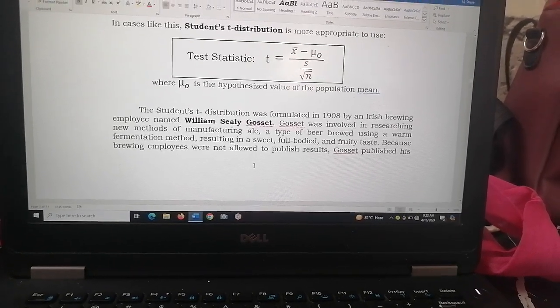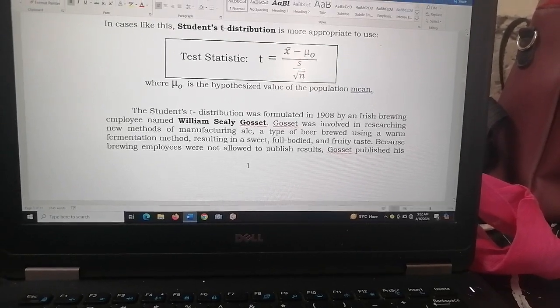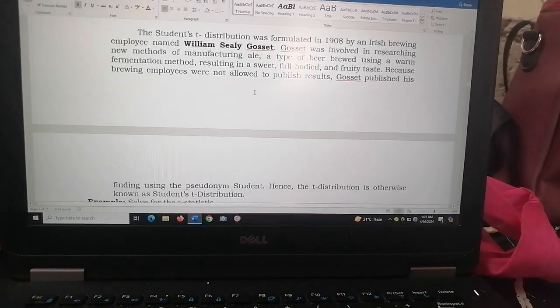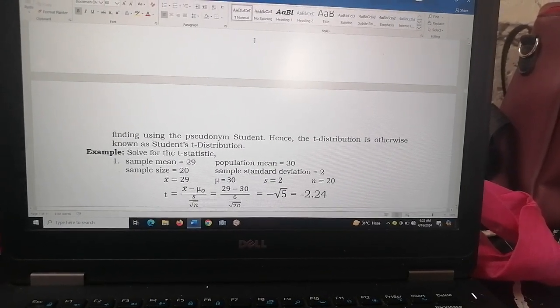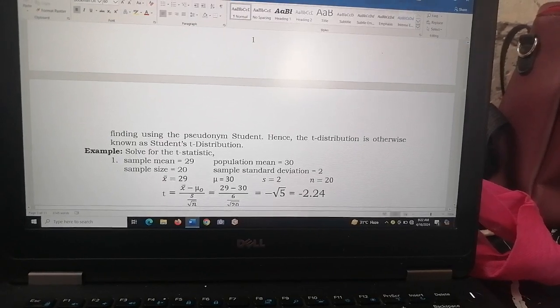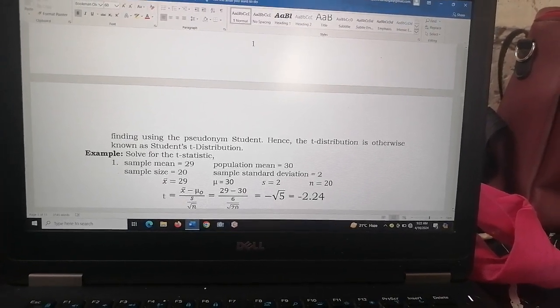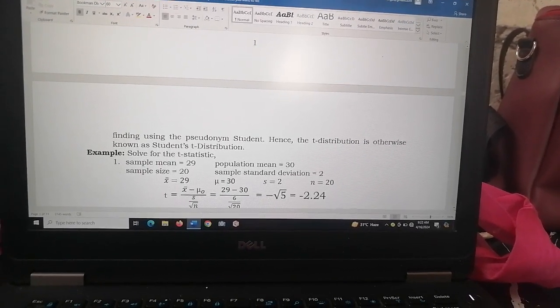Because brewing employees were not allowed to publish results, Gosset published his findings using the pseudonym Student. He did not use his real name. Hence, the t-distribution is otherwise known as the student's t-distribution.